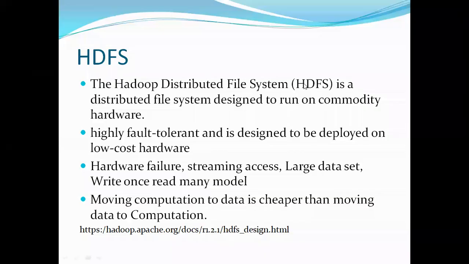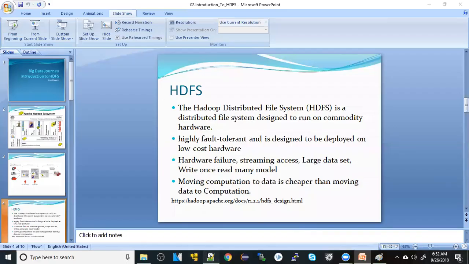If you see, HDFS is a distributed file system designed to run on commodity hardware. That is the first point. And highly fault tolerant, designed to deploy on low cost servers. Hardware failures, streaming access, large files.